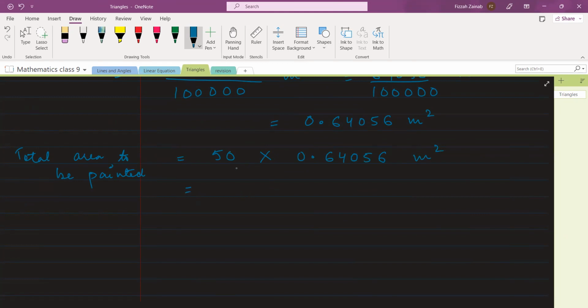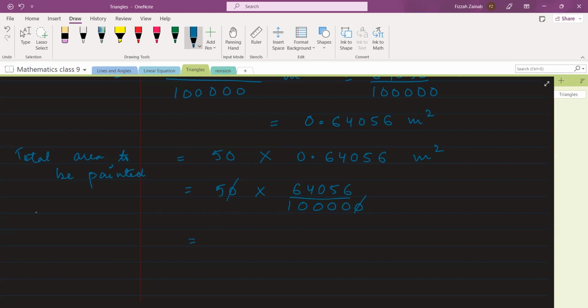So now to multiply this, you can again remove the decimal, 64056, and then 1, 2, 3, 4, 5. Right? So the 10 will get cancelled out here, and first you can multiply by 5 and then put back.